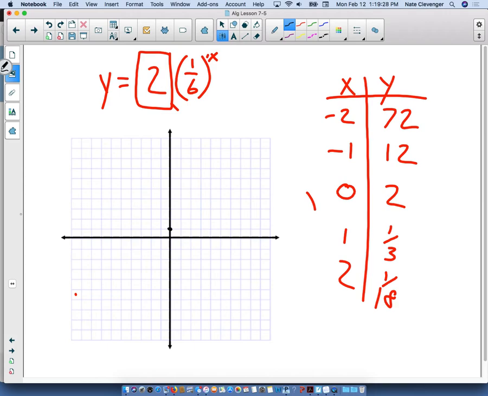My y-intercept would be at 2 if I'm going by intervals of 2. And then at negative 1, counting 1, 2, 3, 4, 5, 6, that'd be my negative 1, 12. And my 0, 2. And then 1 is 1/3. And you can see then I just continue at that rate.